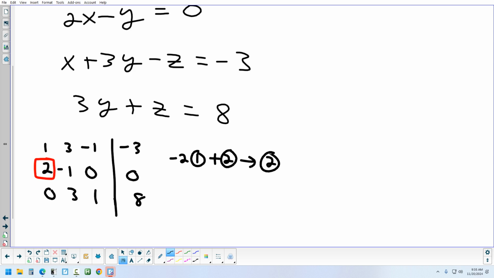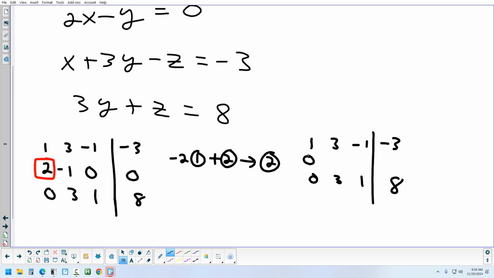1 and 3. Let's copy those down. So 1, 3, -1, -3, and 0, 3, 1, 8. All right, so multiply by -2 and add it to what's below. What's 1 times -2? -2. Plus 2, 0.